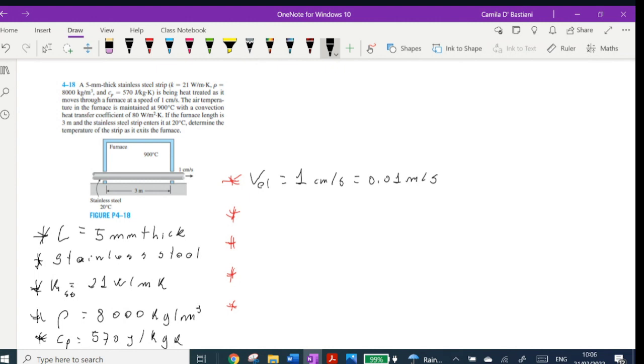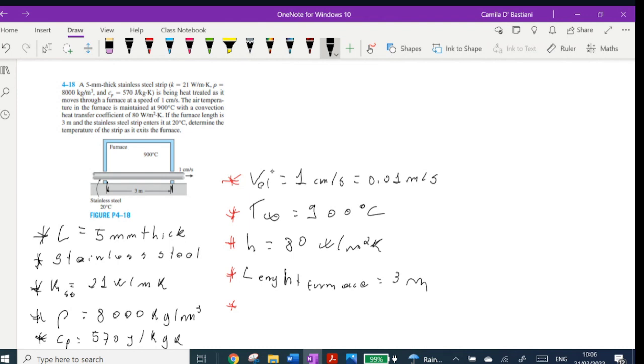And the furnace is maintained at 900 degrees Celsius. With a convection heat transfer coefficient, so my heat transfer coefficient due to convection is 80 watts per meter square Kelvin. If the furnace length is 3 meters, so I know that the length of the furnace is 3 meters, okay?